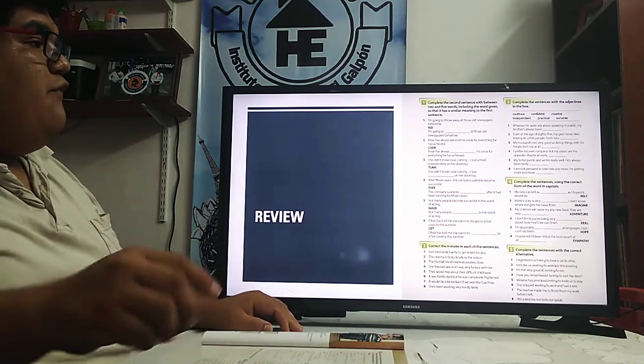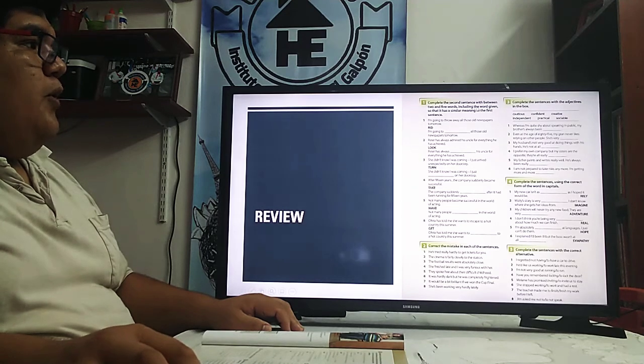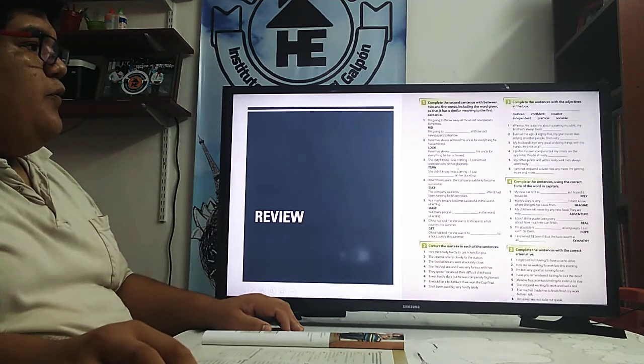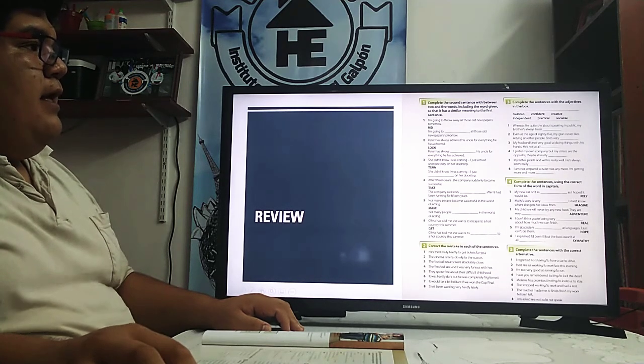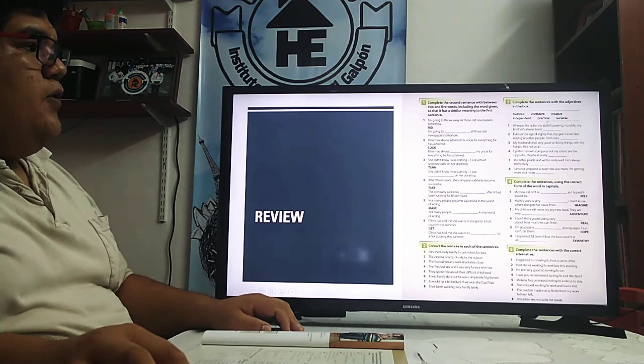You have 5 exercises. In exercise 1, you have to complete the second sentence. This is sentence transformation. You have to rewrite the first sentence using the words in bold. In exercise 2, you have to correct the mistakes. In 3, you have to complete the sentences with the adjectives in the box.